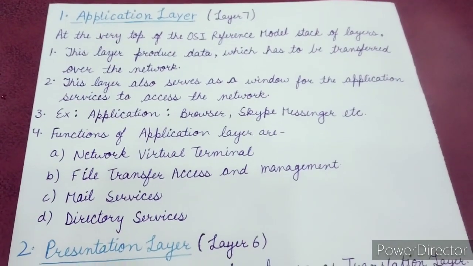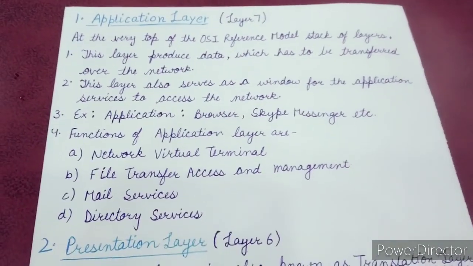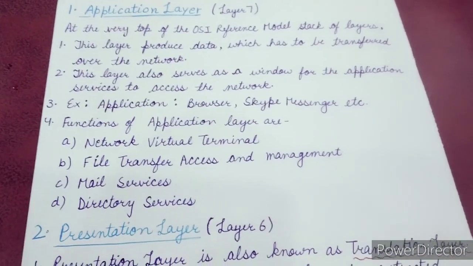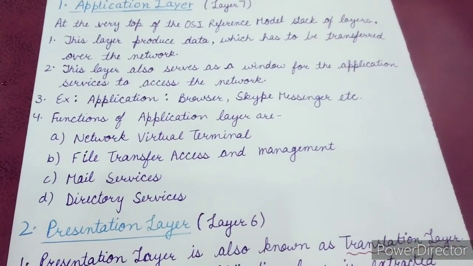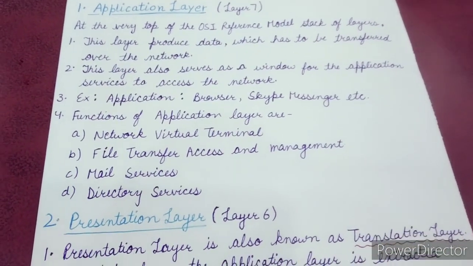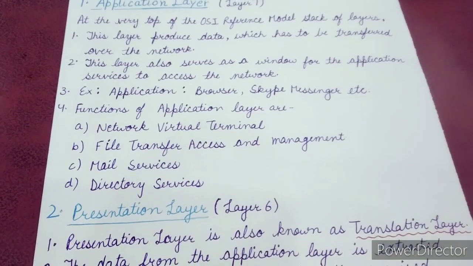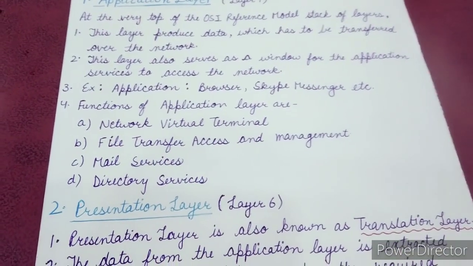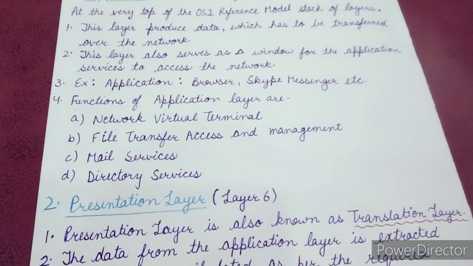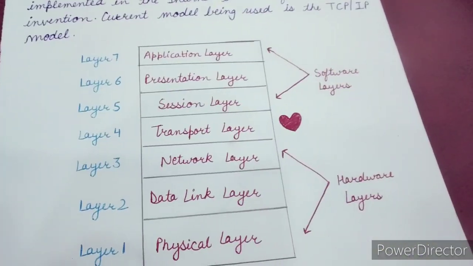It also acts as a window for the application services. Examples of applications are browsers, Skype Messenger, etc. The functions of the application layer are network virtual terminal, file transfer access and management, mail services, and directory services.